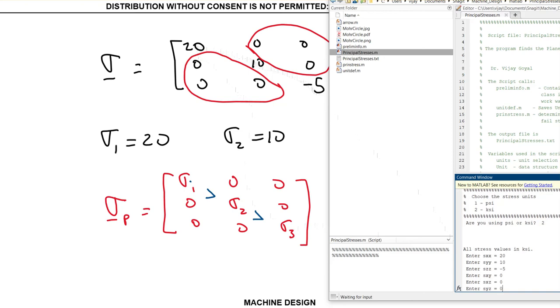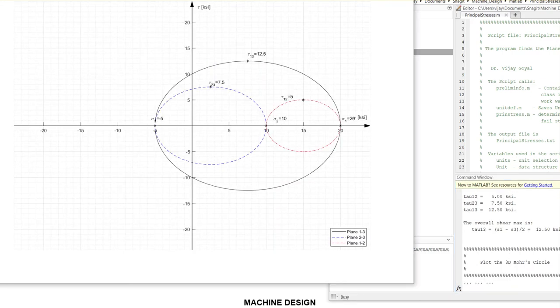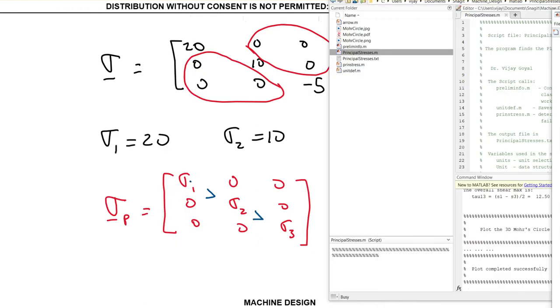It's only going to ask you for 6 because this is symmetric. So when you press enter, the code will give you the Mohr circle. I'm going to go over that in a minute.